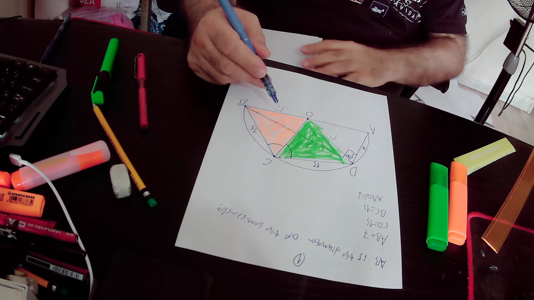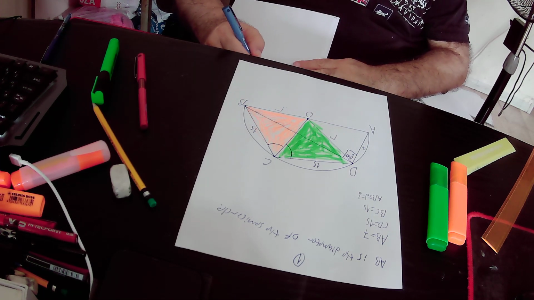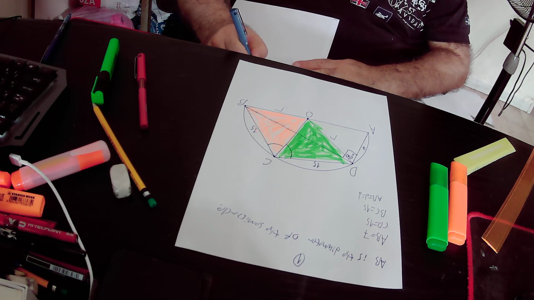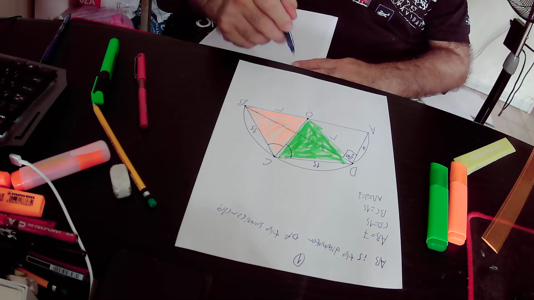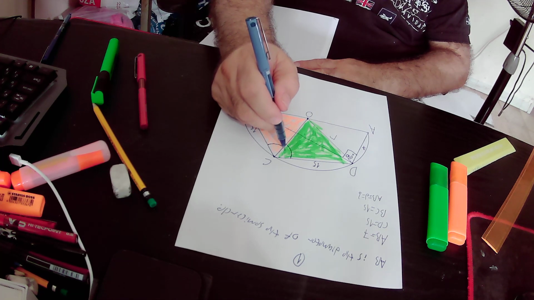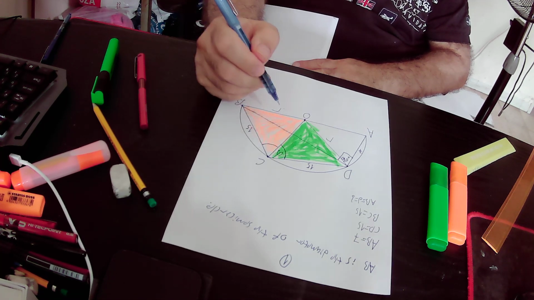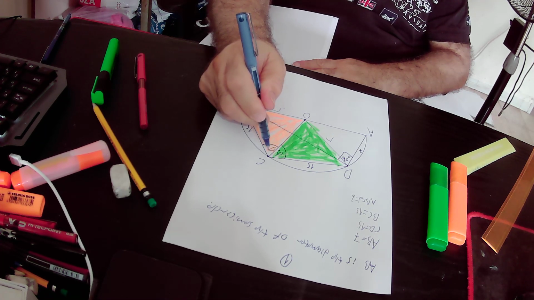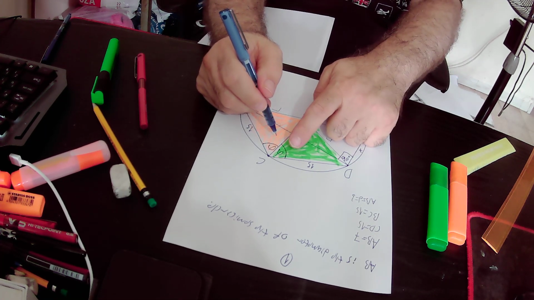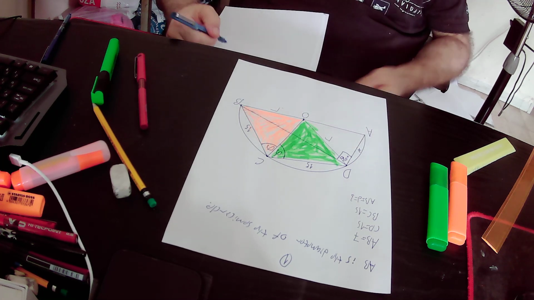So angle OCD of the green triangle is equal to angle OCB of the orange triangle, and if we define angle OCD as alpha, then angle OCB will also be equal to alpha, because those two angles are equal to each other.